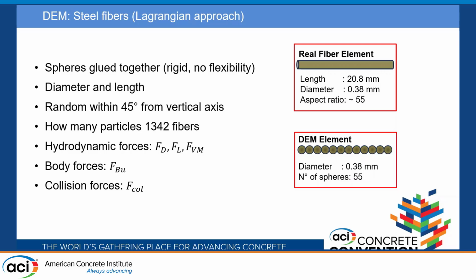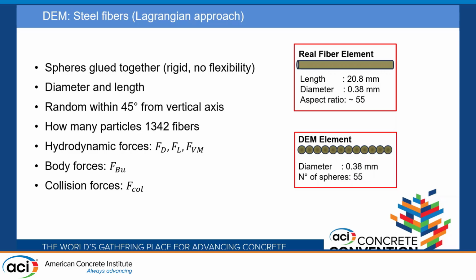They're glued together, so there are many equations on how to connect them, how they twist, how they flex. There's no flexibility in this case, but we might be able to do flexibility if we have mixtures, with steel fibers and plastic fibers, for example.